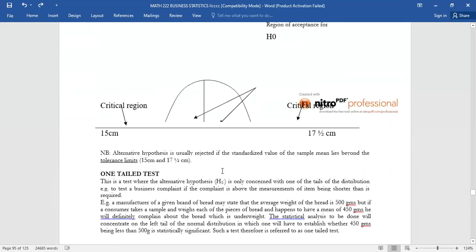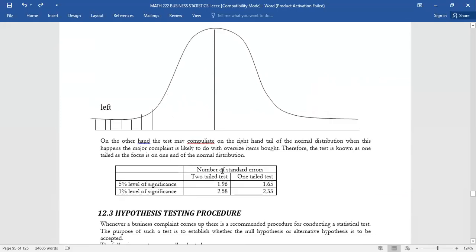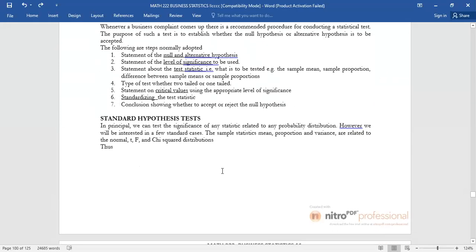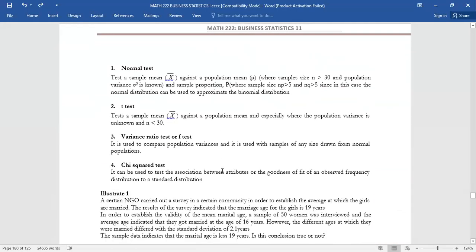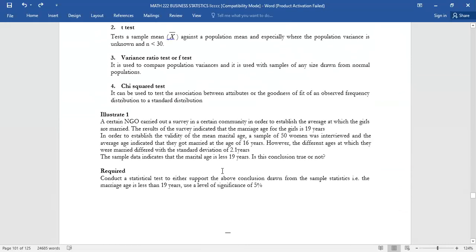I want us to start with an illustration. We have an illustration here, illustration 1, and we follow the steps of testing the hypothesis.